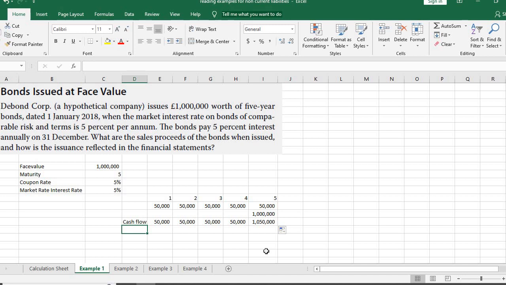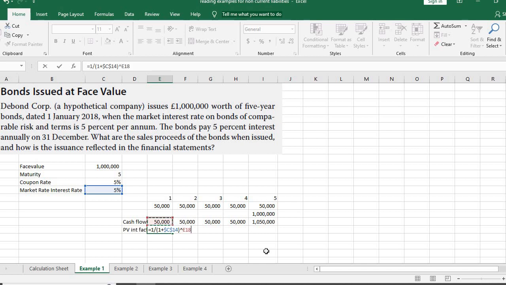We are going to calculate the present value interest factor, which will be 1 divided by 1 plus the market interest rate, raised to the power of 1 for year 1.